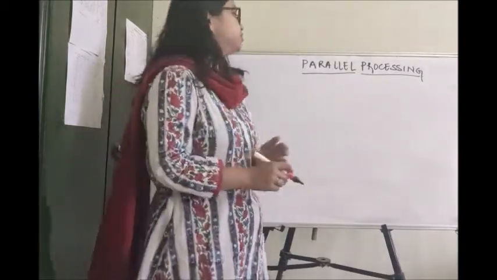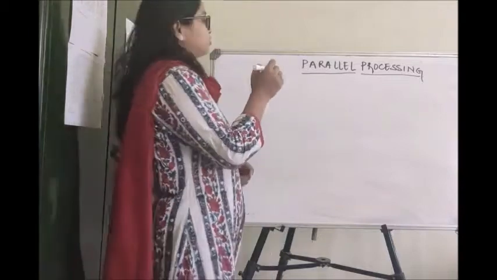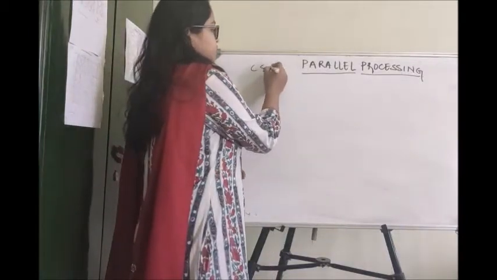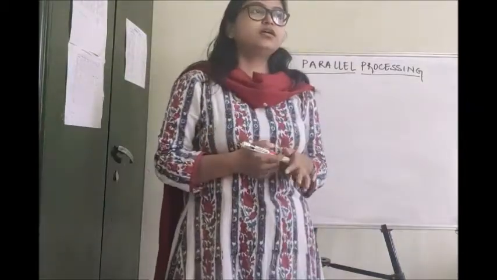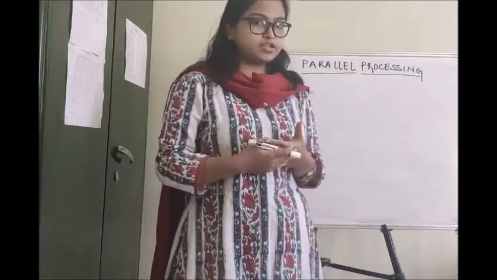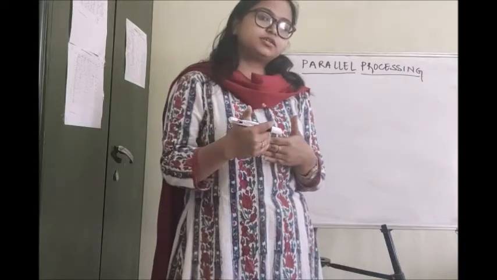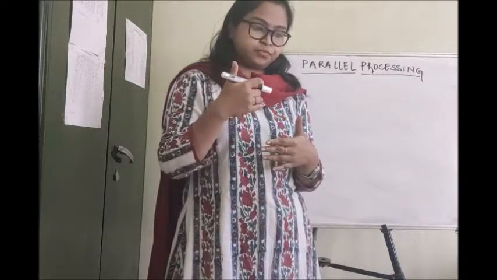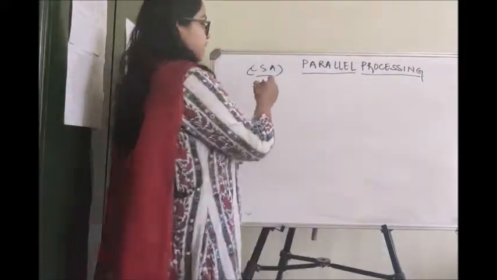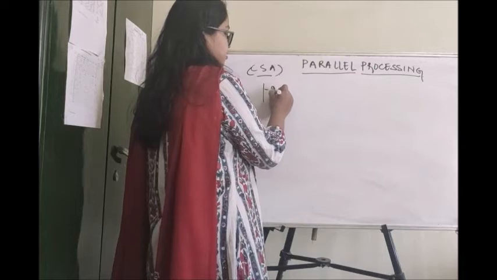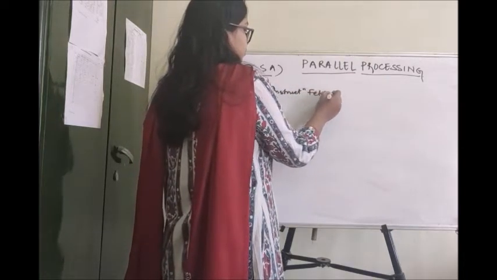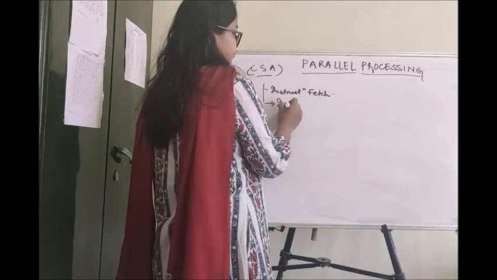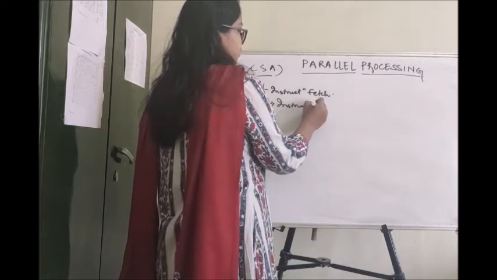We will start with parallel processing in computer system architecture. We studied till the instruction architecture, and after that we discussed how instructions are carried out. There are two types of cycle: instruction fetch and instruction execution.